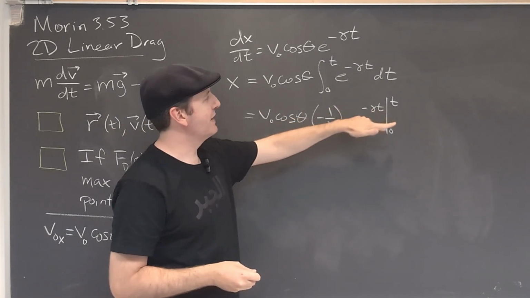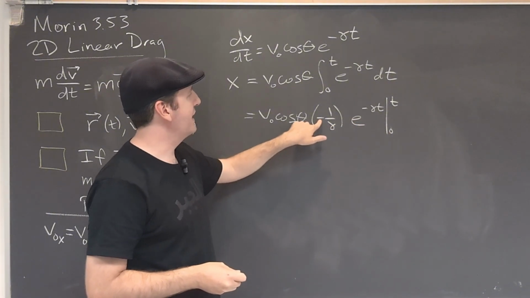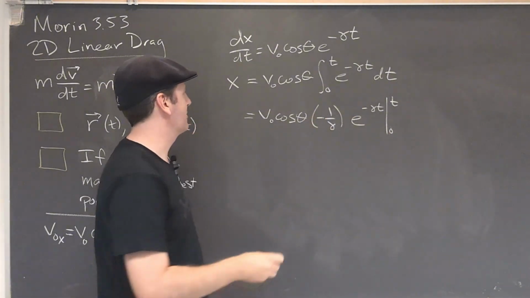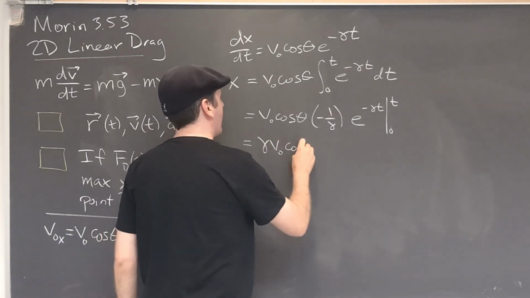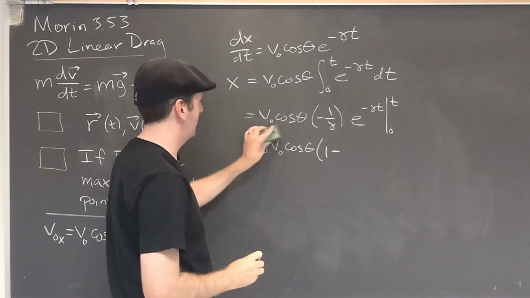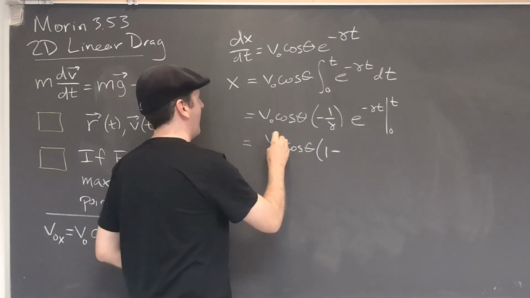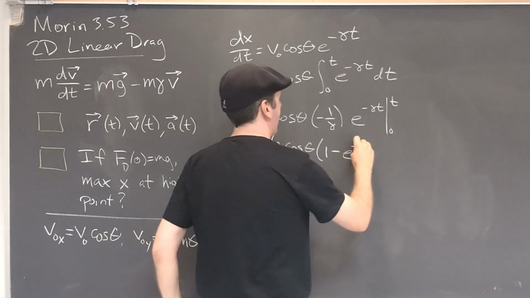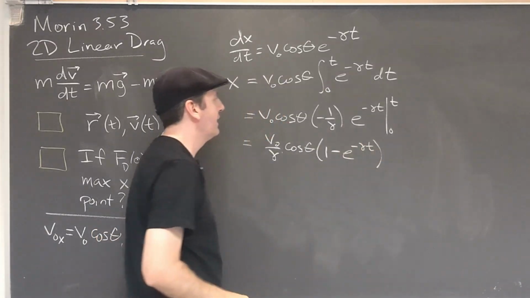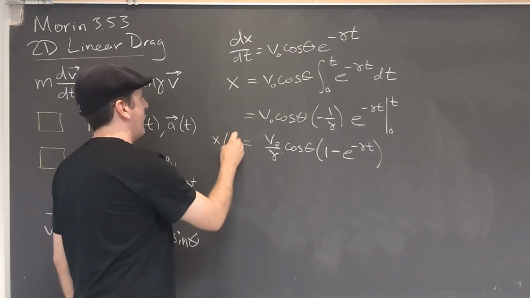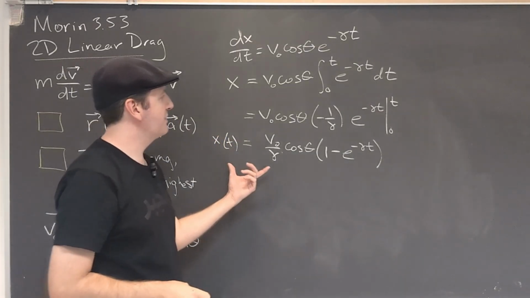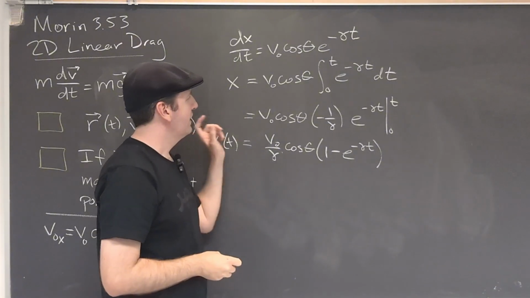Since I'm subtracting them, I'll go ahead and wrap that negative sign up with flipping those two bounds. Sorry, that should be a 1 over gamma. Okay, so here is our x position as a function of time.